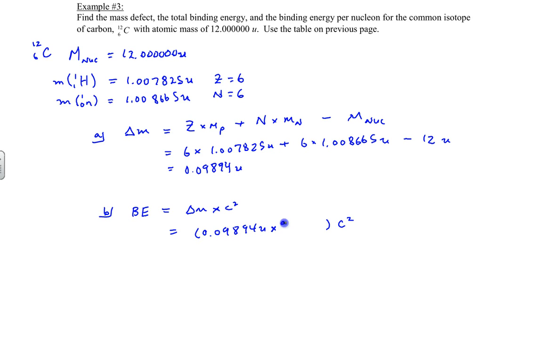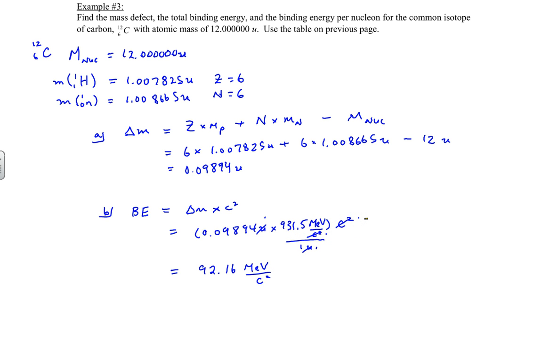We multiply this by 931.5 mega electron volts per c squared, to cancel out one atomic mass unit here, and you'll get your answer in mega electron volts. You'll get 92.16 mega electron volts, and you can see that the c squared here and this c squared here cancel out.